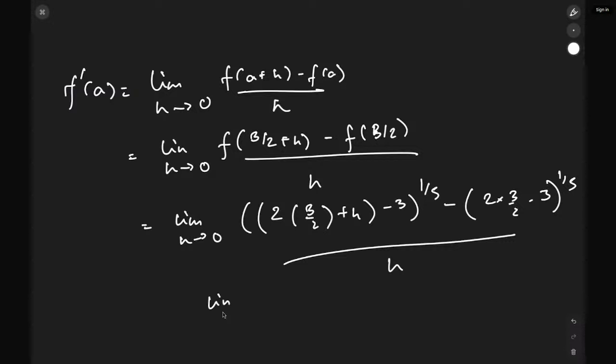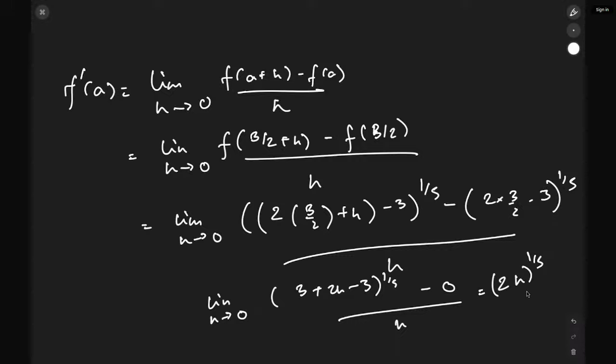So now limit h tends to 0, (3 plus 2h minus 3) raised to the power of 1 by 5 minus 0, whole divided by h. So (2h) whole raised to the power of 1 by 5 upon h.